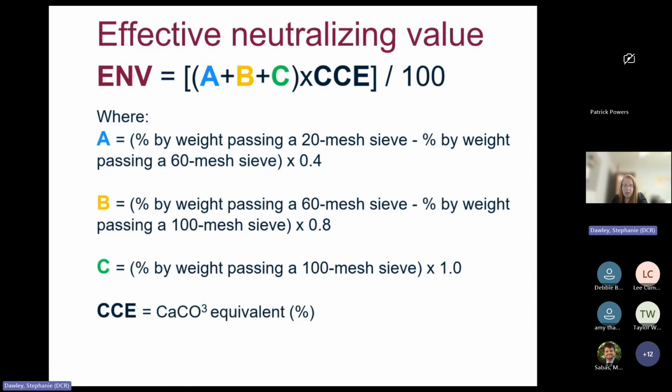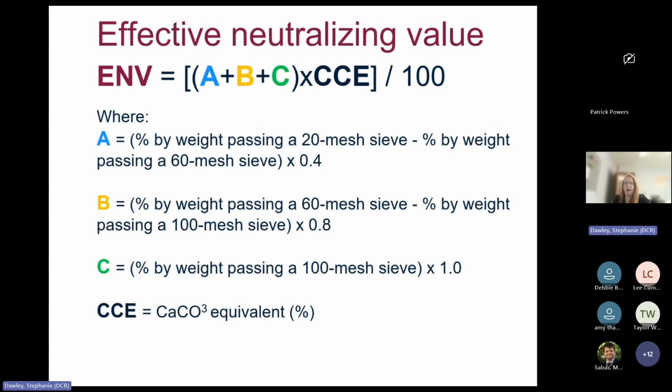Here's an equation that you probably don't really have to do, because we have a chart. If you're taking this class for the exam, we'll go over next week how to do this calcium equivalent chart.